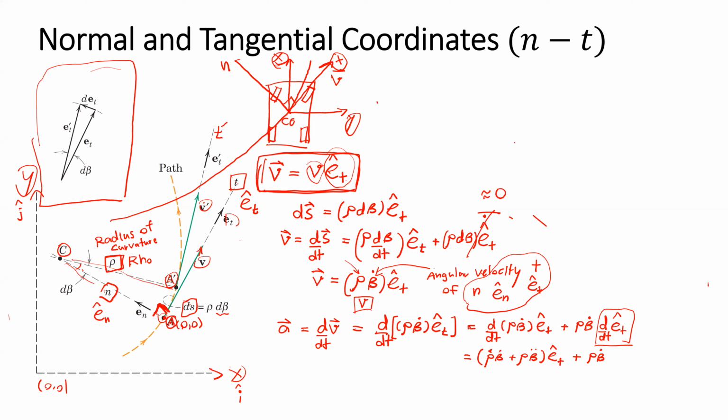And when it changes the position from A to A prime, the unit vector changes the direction with a small angle d beta, from this orientation to this orientation.